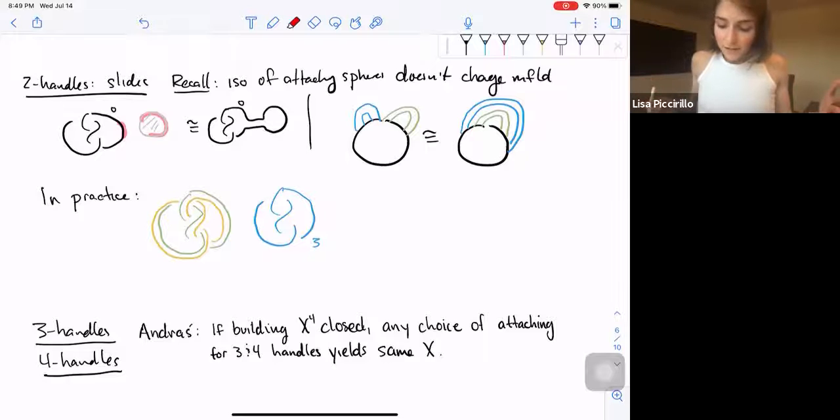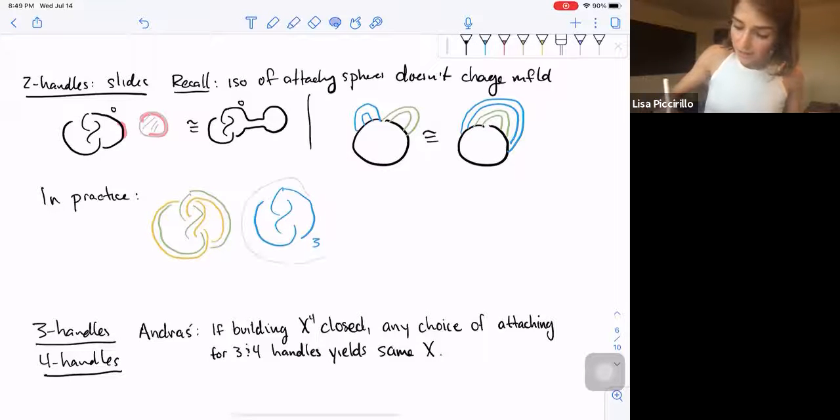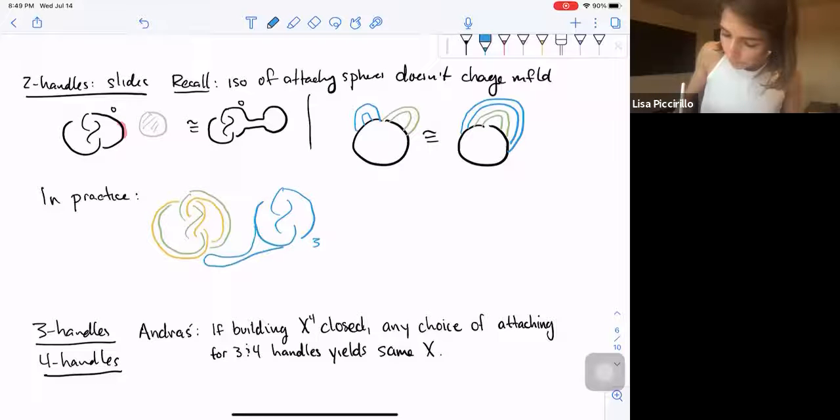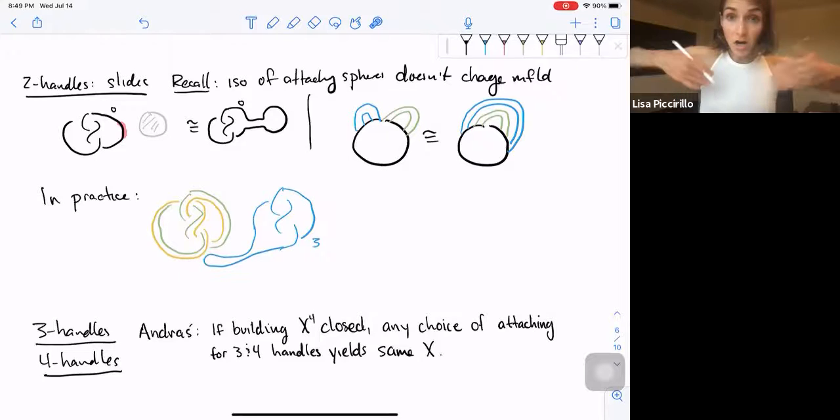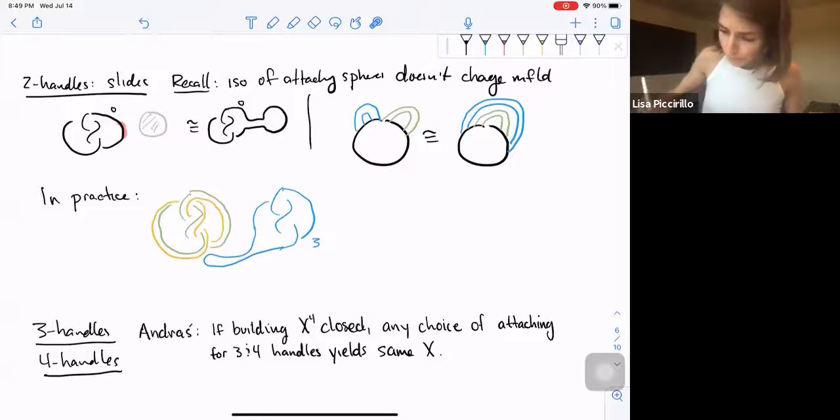And so what's a 2 handle slide? Well, you come back down here and say, aha, this curve right here bounds a disk in the boundary of this handle attachment. So what I'm allowed to do is take my 3 handle and first isotope it with a little finger move like this. And then sweep this little arc of my blue attaching sphere across that disk that I know lives in the boundary of this green two handle.